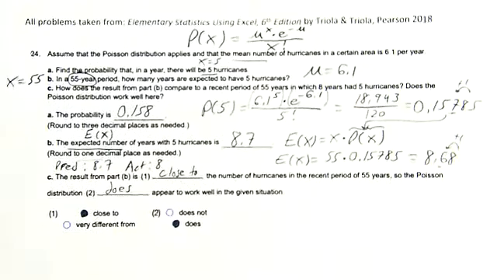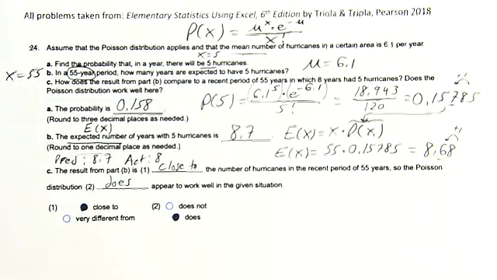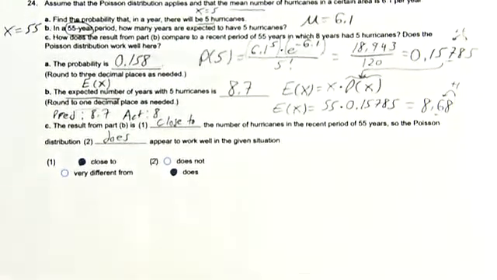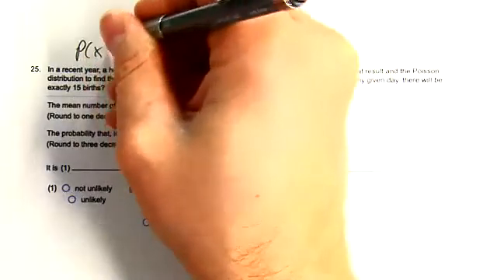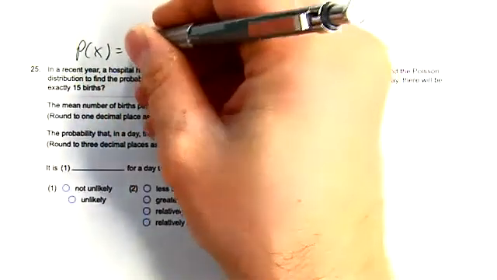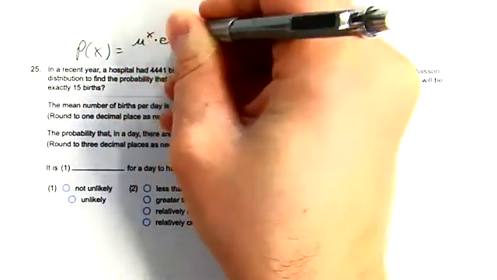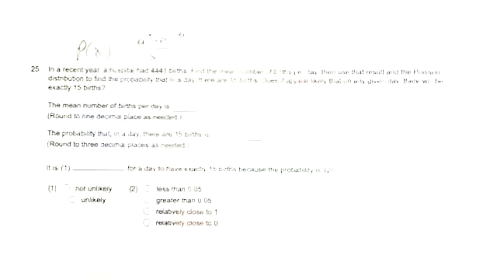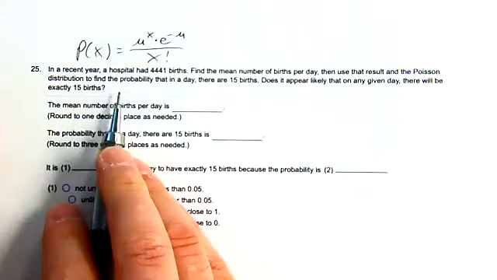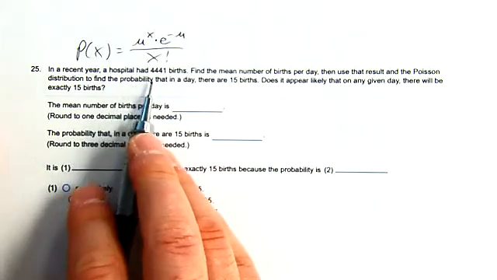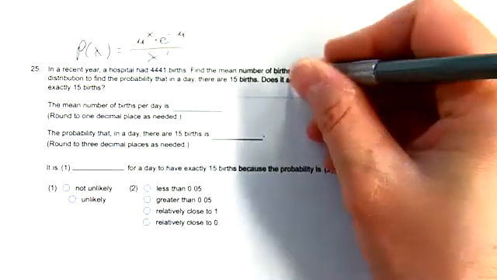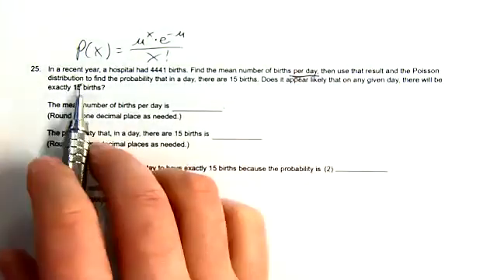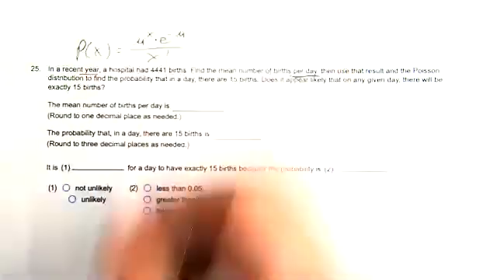Let's take a look at the next one, 25, which will be very similar to this one. So once again, just for reference, I'll write P of X so I have it handy. Mu to the X, e to the minus mu, over X factorial. In a recent year, a hospital had 4,441 births. Find the mean number of births per day. So again, here's this per day idea when they're giving us a year.